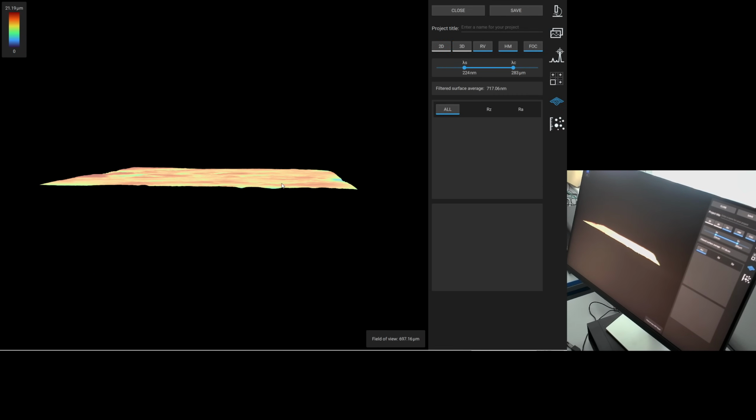That is extremely flat again, as we can see.